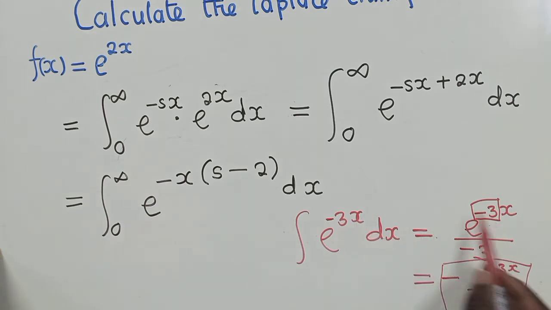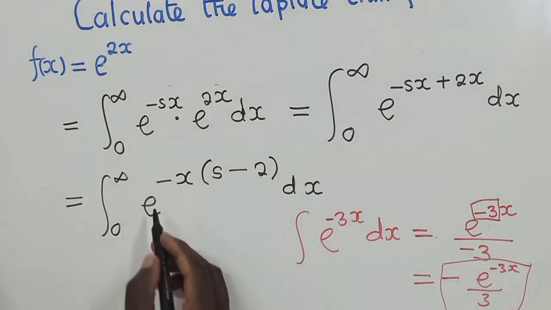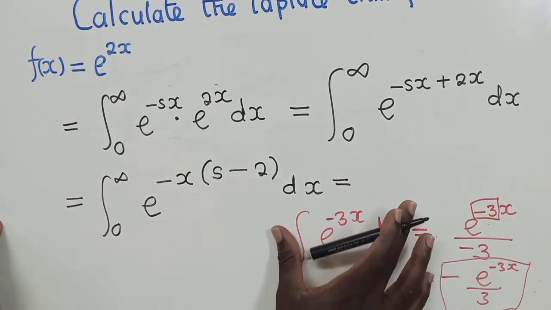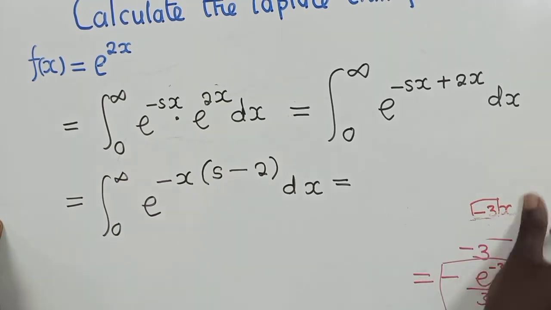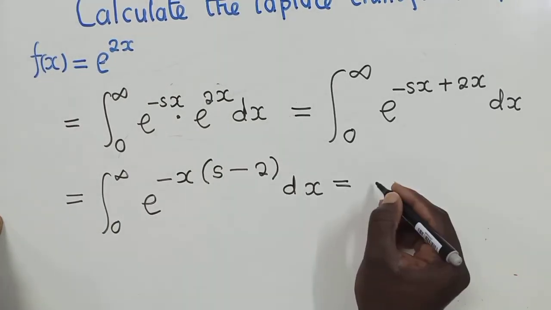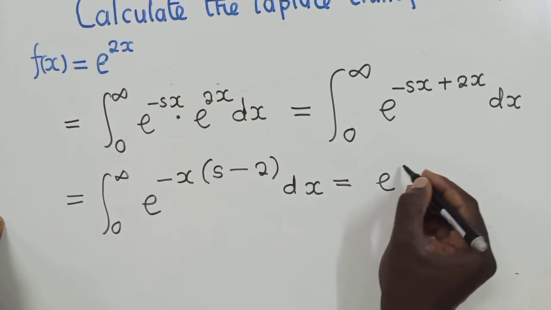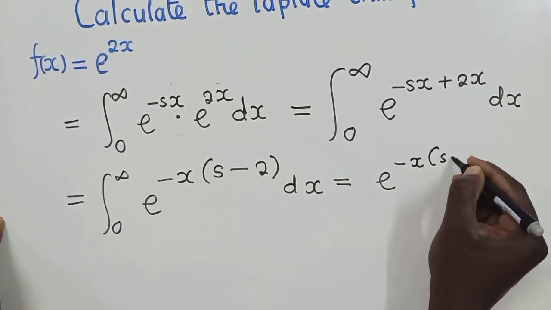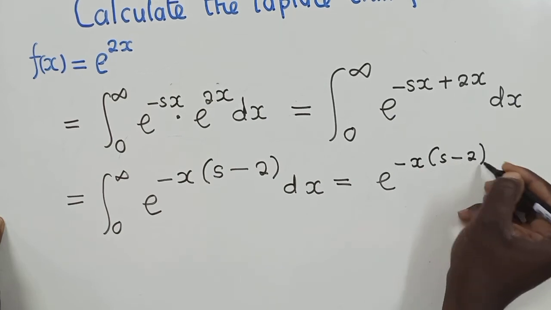So now, using this idea right here, we can't face difficulty to integrate this. So we just say, okay, it's equal to what we are able to see right here. That is the e to the power x times s minus 2 inside the brackets.